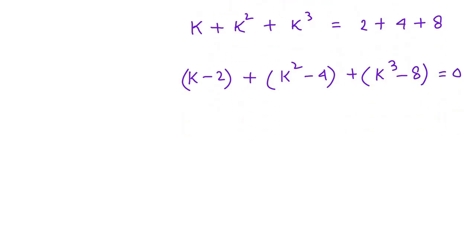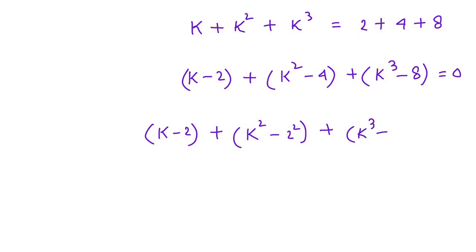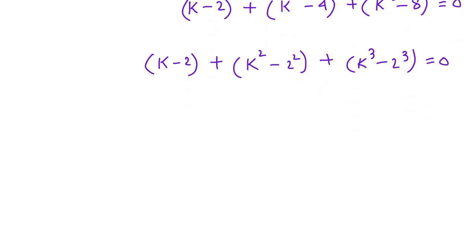Next we can write k minus 2 plus k square minus 2 square plus k cube minus 2 cube equals 0. Next we can write k minus 2 plus, we can separate k square minus 2 square and apply the a square minus b square formula.